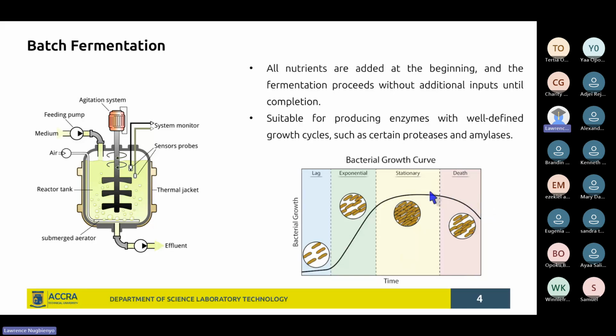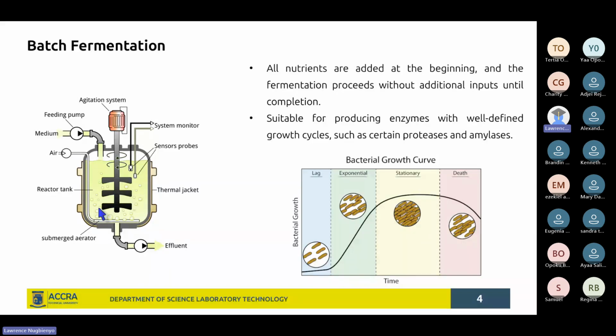And what is the batch system? The batch system simply is that it's an enclosed system that when you introduce your feedstock, your bacteria, you close the system. So everything, the bacteria, the feed, you set all the conditions. The system is closed.